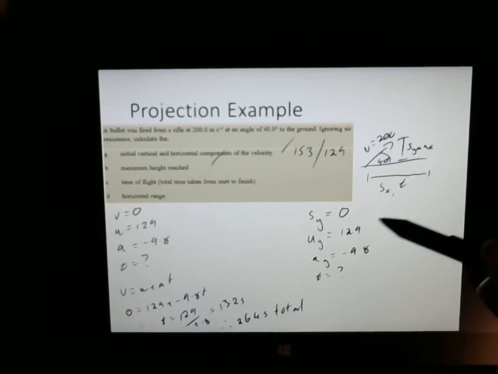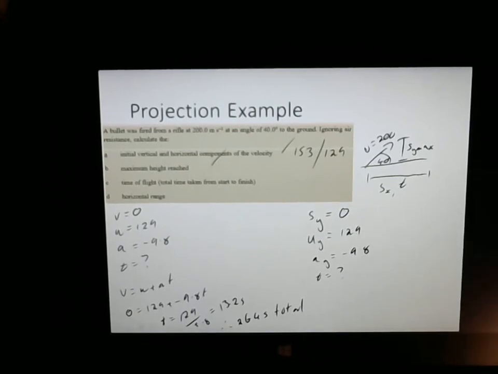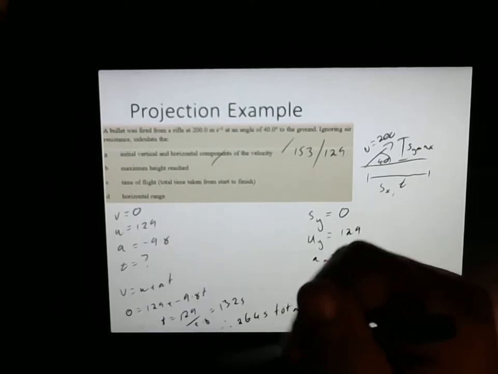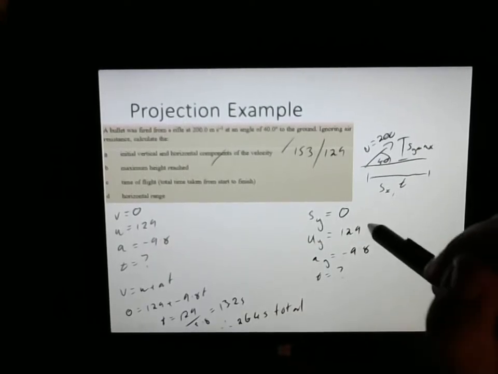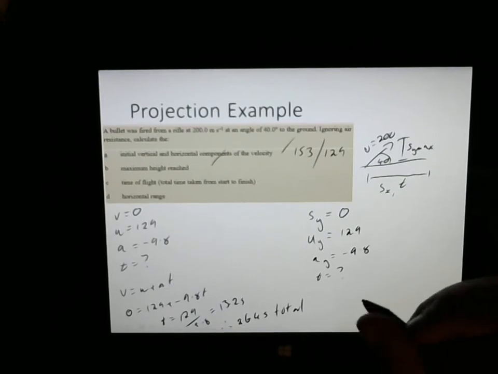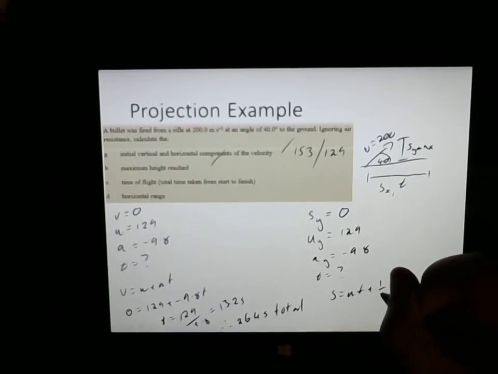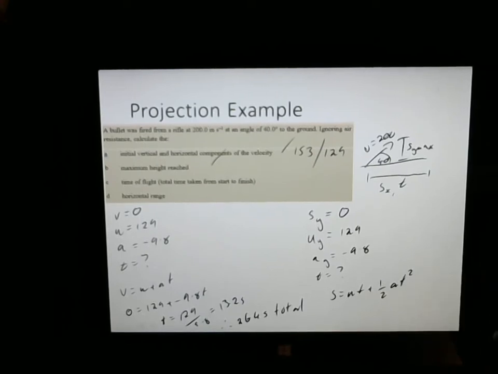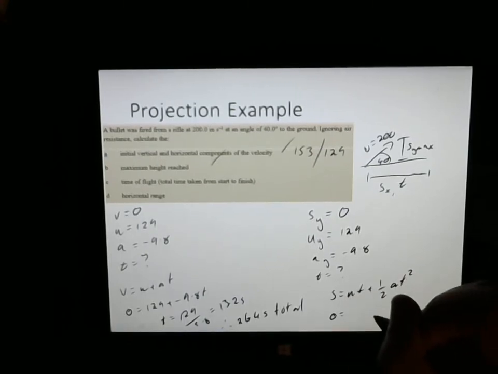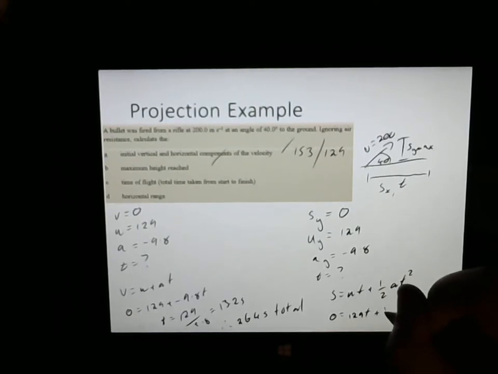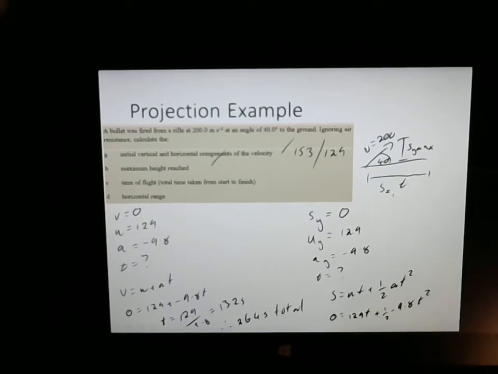Well, what formula has that? That's our s equals ut plus half at squared. You might go, Mr. Warren, that means we're going to have a parabola. That's so much harder than dealing with this. We're not, and the secret is with this 0. s equals ut plus a half at squared. 0 equals 129t plus a half negative 9.8t squared.